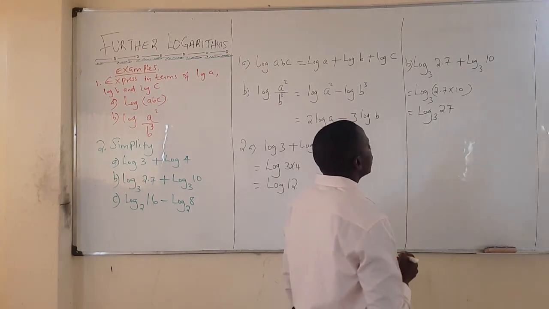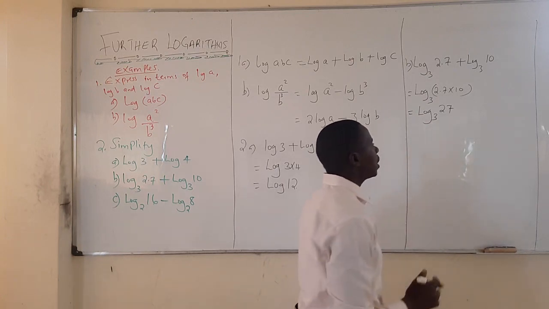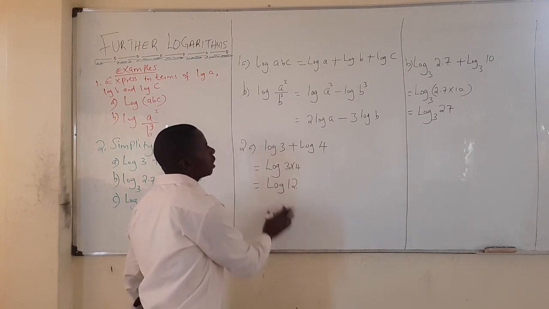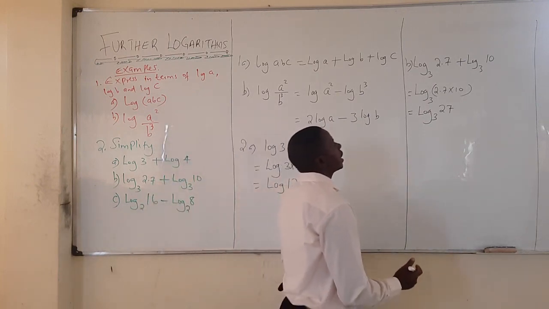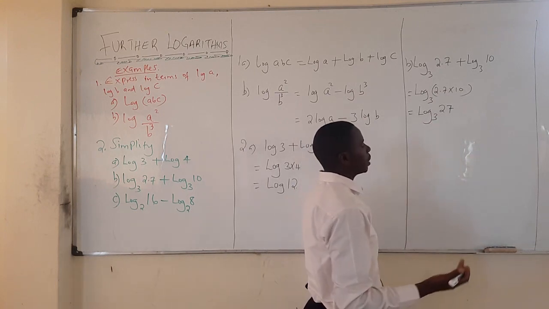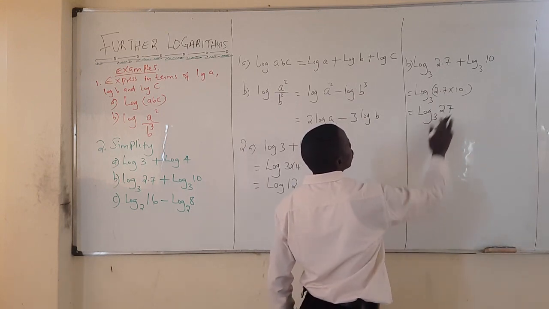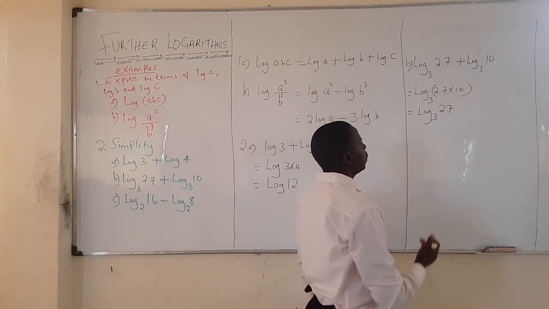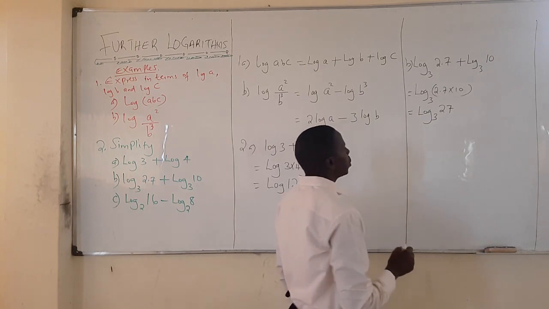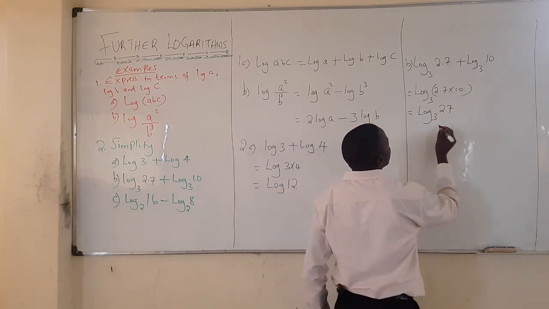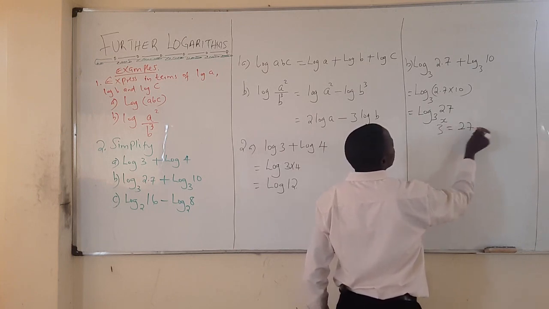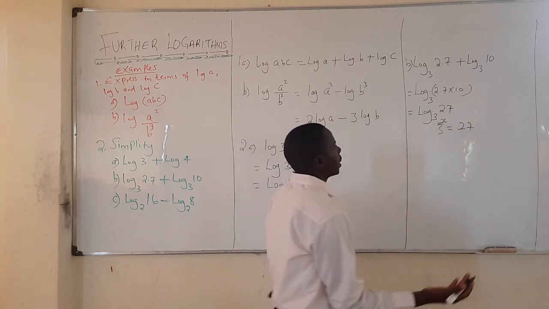You don't have to leave it like this, because we ask ourselves, what is the log of 27 base 3? In other words, which number do we raise 3 to, to give us 27? Because if you want to change this to index form, it should give you 3 power something, giving you 27, because the log is the power.